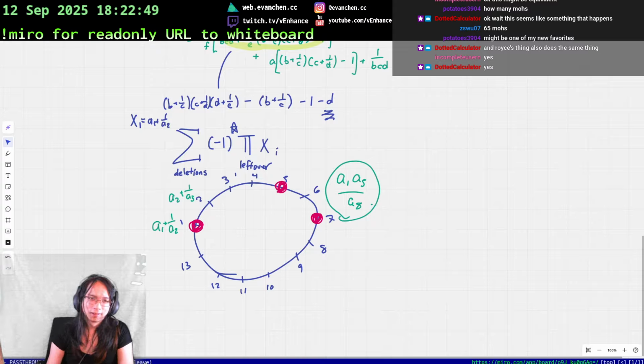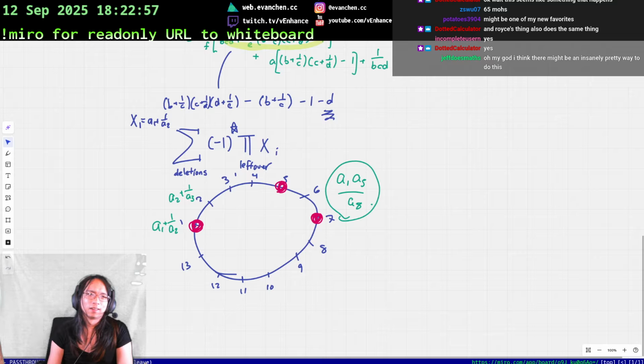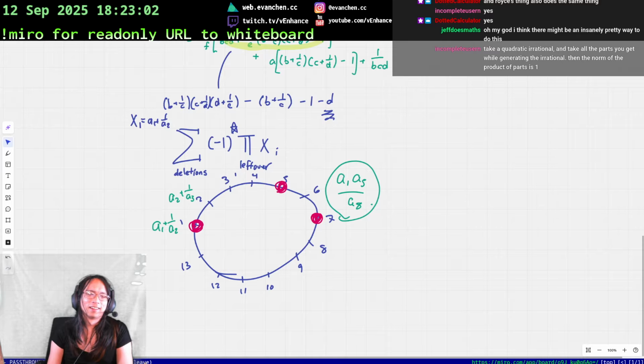Alright. Take a quadratic irrational. Take all the parts you get while generating the irrational.